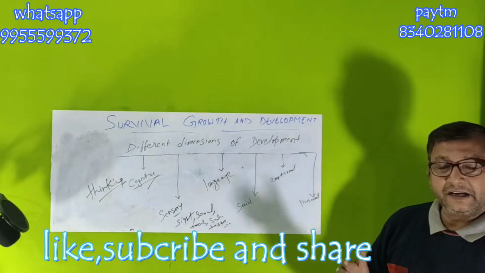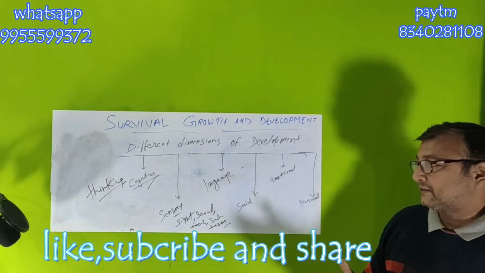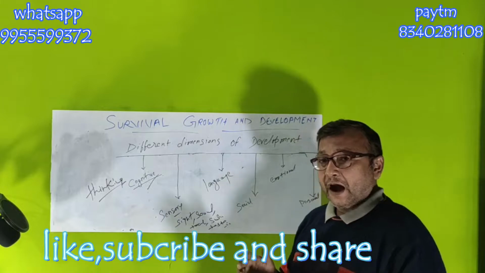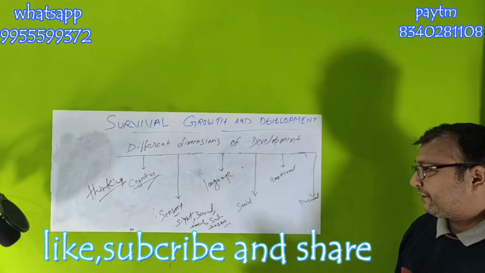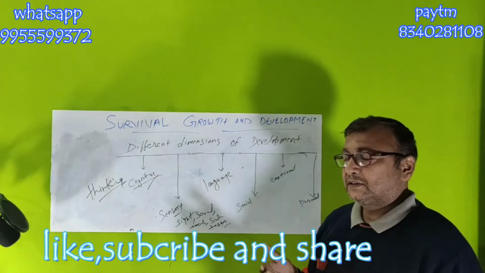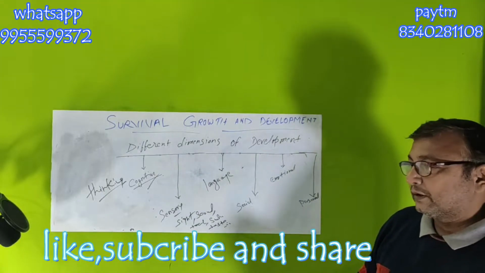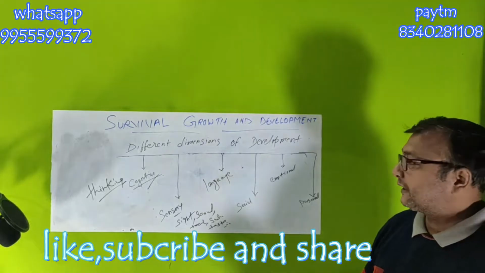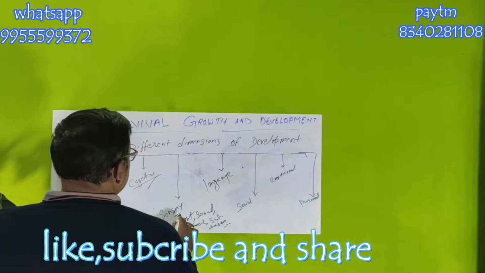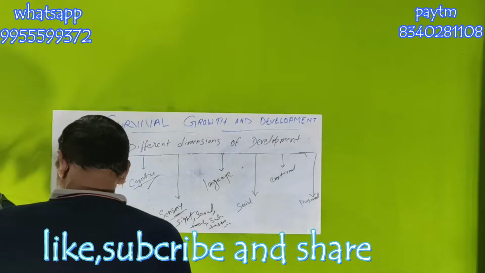After that, as he grows, he starts looking at and recognizing further objects. Then we can say that sensory development is there in the child.